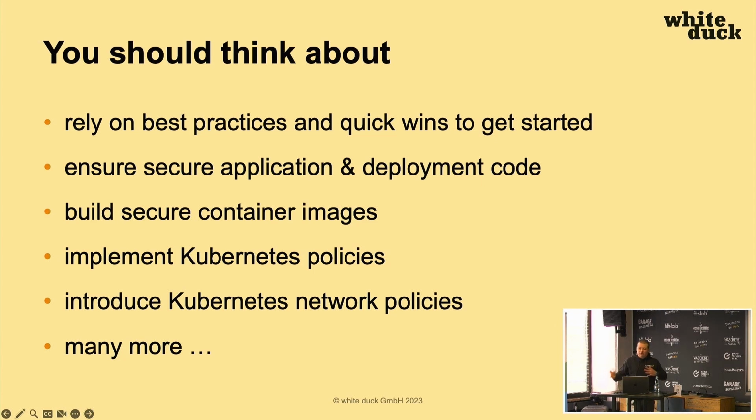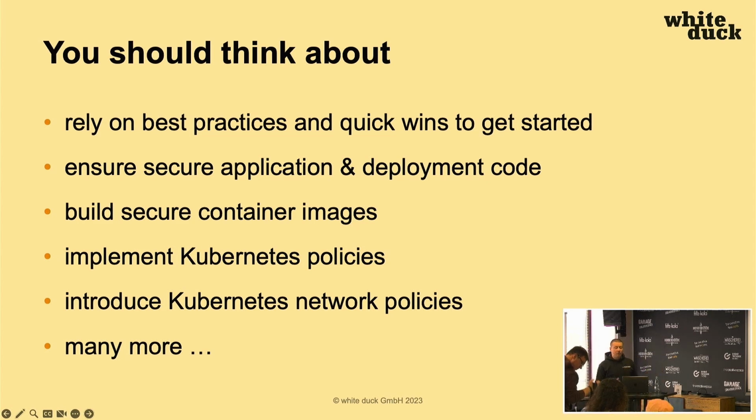So nothing related to containers and Kubernetes at all, but very important. Then building secure and updated container images. Thinking about Kubernetes policies, not only to prevent somebody in your company using your cluster to do things you don't like to have in place, but also if somebody is able to get into your cluster, you can build up guardrails with policies for them.